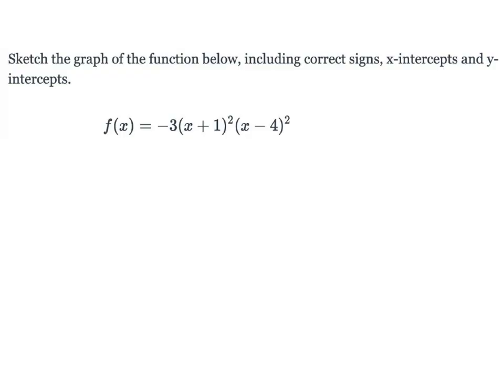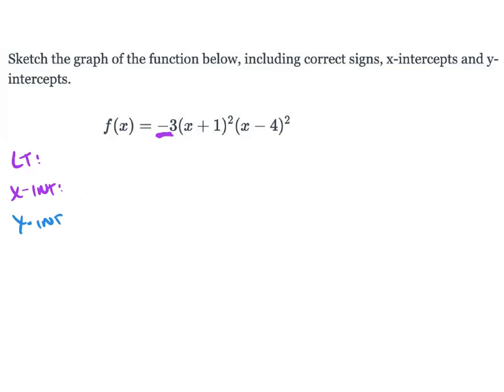Okay, so I pulled this off of Delta Math. This is not in your notes. What you don't have in your notes is leading coefficients, so let's talk about that. Like always, we're going to figure out the leading term, the x-intercepts or the zeros or the roots, and then we're going to figure out the y-intercept.